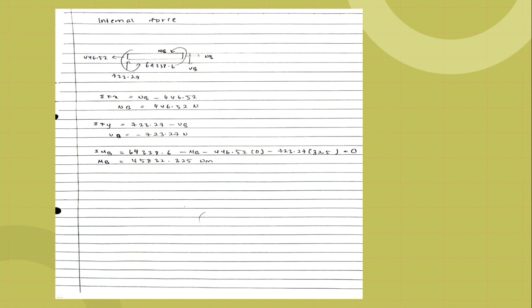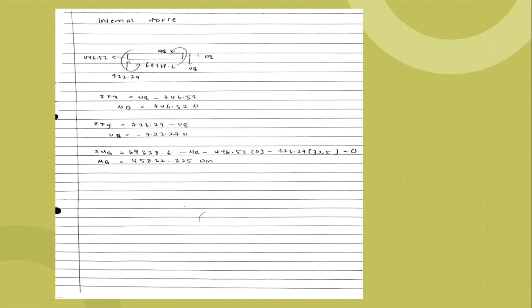So that means the force at the left and right is equal to 0. So when this force is 446.52, that means in this direction also 446.52. So it's for normal force.